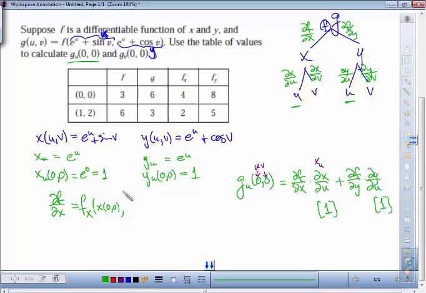So we can put x and y here, but we have to make sure we put the x and y values when u and v are equal to 0. So again, this is u and v.